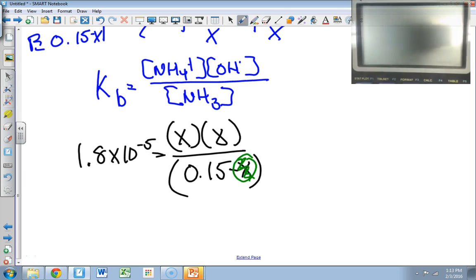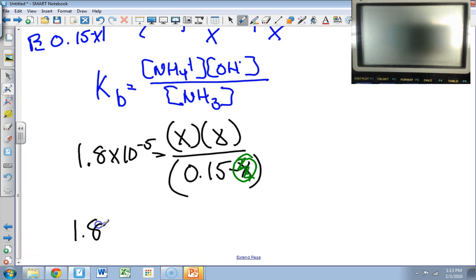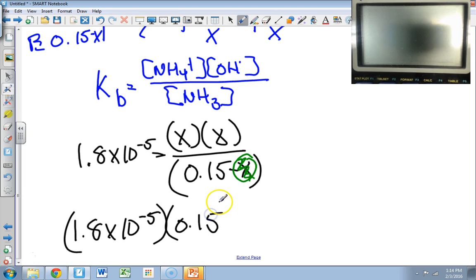Now I'm going to pop in my calculator so that you can see what it looks like. So it's 1.8 times 10 to the minus 5, multiplied by 0.15, equals x times x, x squared.